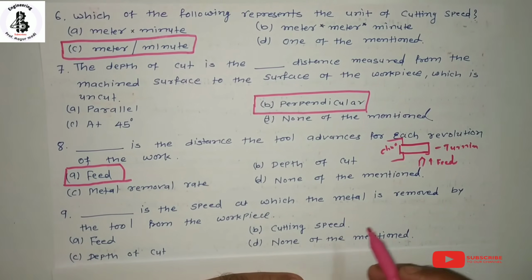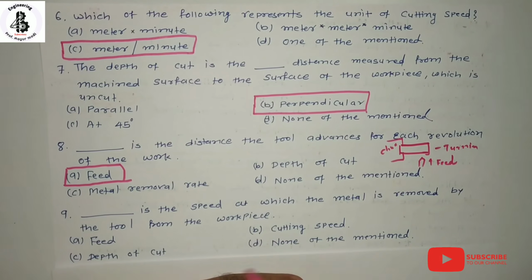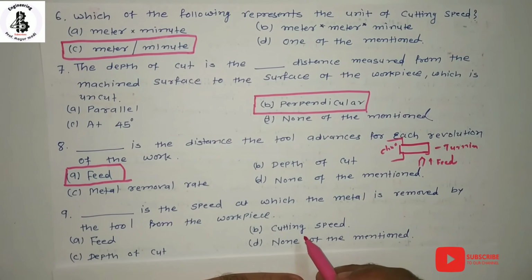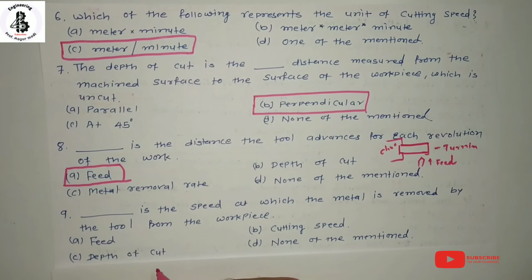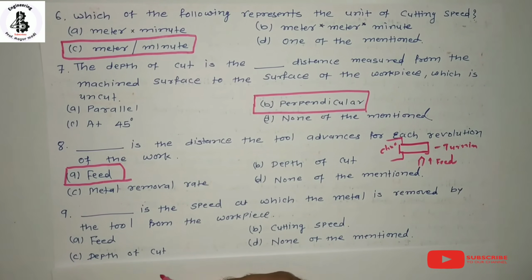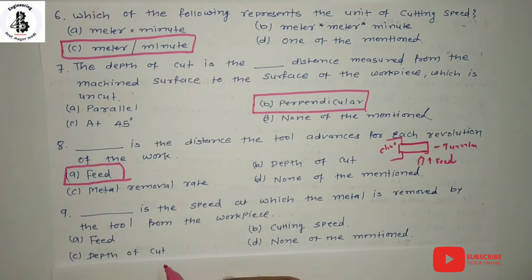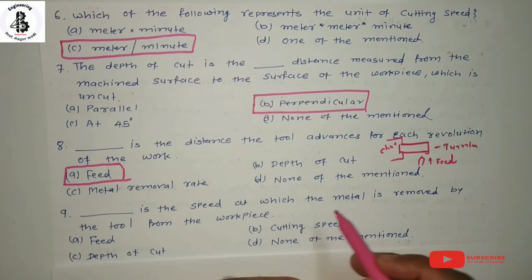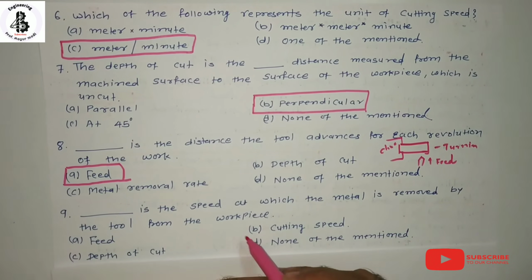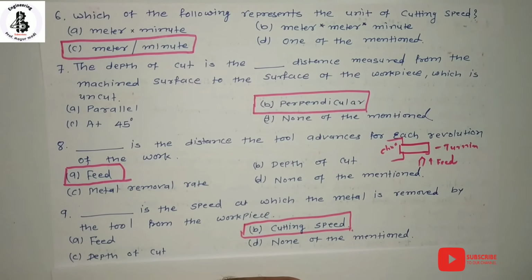So the metal removed in the case of the lathe machines is indicated as the cutting speed. And depth of cut is the advancement at the perpendicular distance, or you can say the uncut chips. So that will be considered as the depth of cut. So for this question, cutting speed is the speed at which the metal is removed by the tool from the workpiece. So option B.